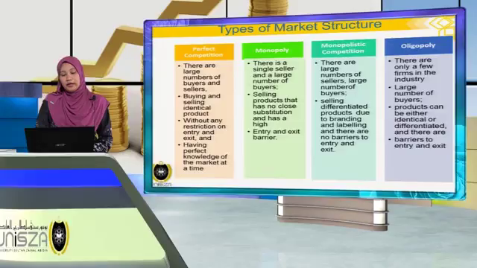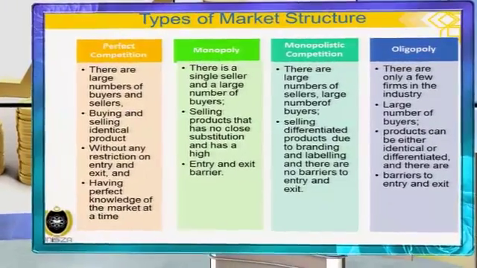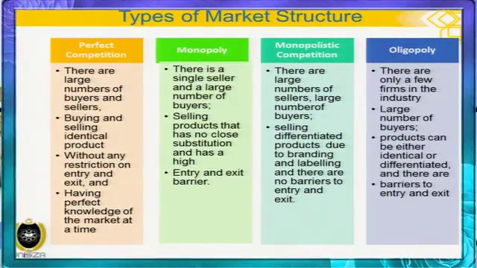Okay, we look at the types of market structure. We have four market structures: the perfect competition, the monopoly, the monopolistic competition, and the oligopoly.